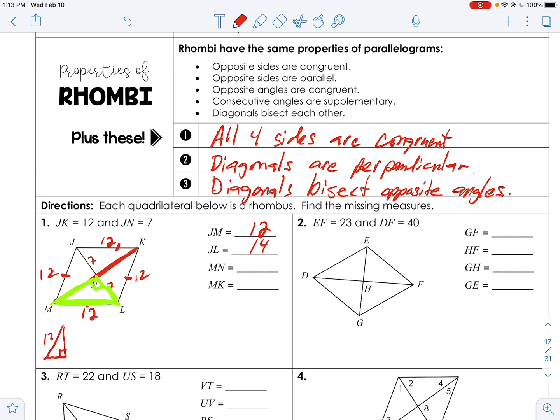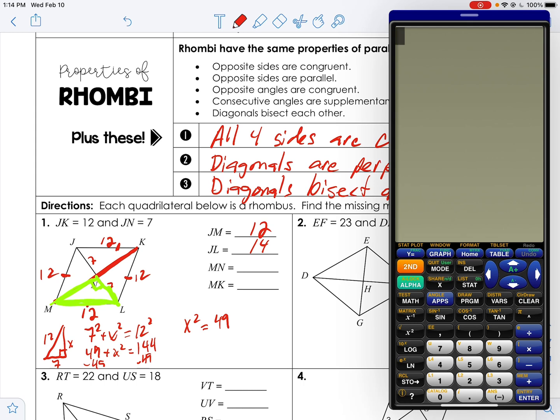If this part's 12 and this part's 7, what's that part? Well, that's 7 squared plus x squared equals 12 squared, or 49 plus x squared equals 144. So x squared equals 144 minus 49.